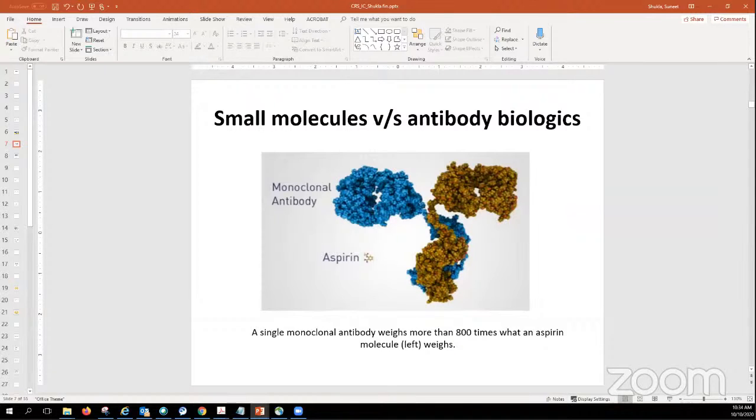A single monoclonal antibody weighs more than 800 times an aspirin molecule, which is shown here on the left, which is a very small molecule. So in terms of the clinical and non-clinical characterization, the actual set of assays and the aspects which are considered are different because these two molecules are very different too.